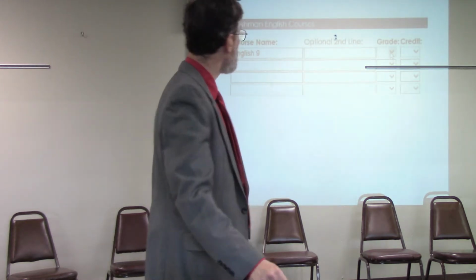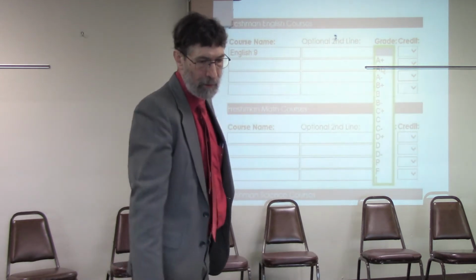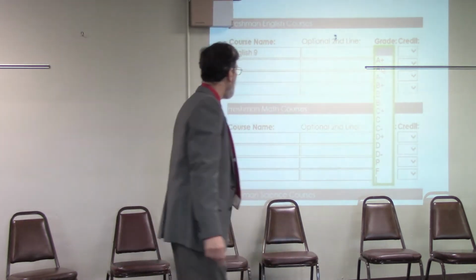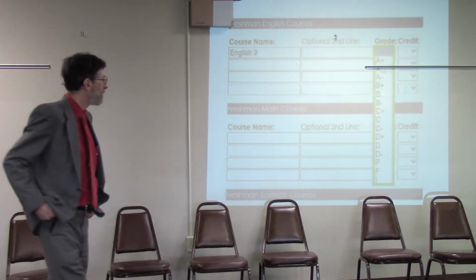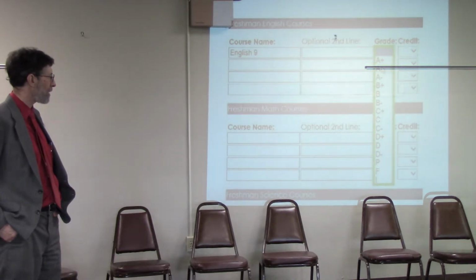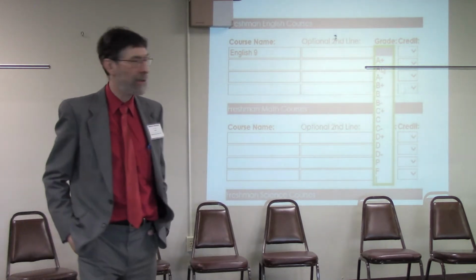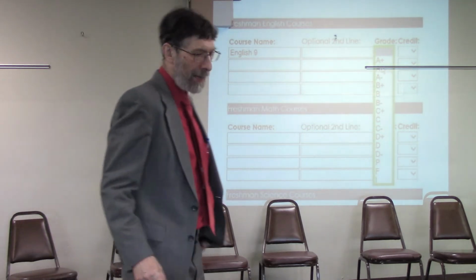And now I'm going to choose the grade. Let me show you what comes up under grade: A plus, A minus, B plus, B minus, C plus, C minus, D plus, D minus, P for pass, F for fail, and I for incomplete.